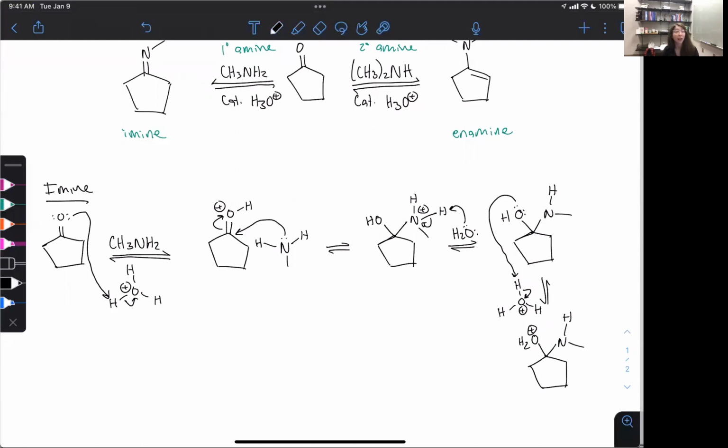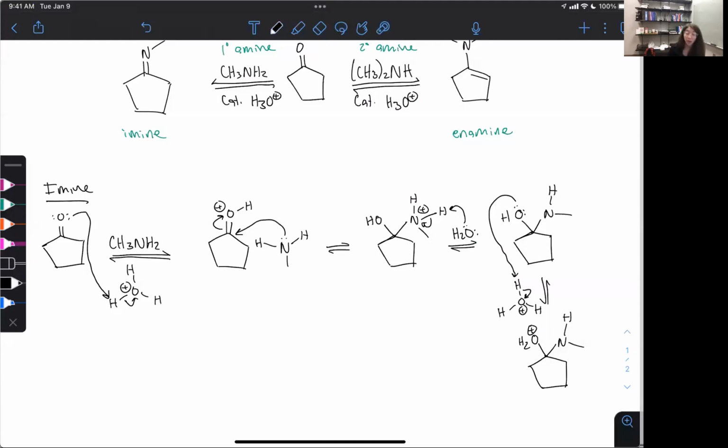Think about it like adding a Grignard to an ester, where you make an intermediate carbonyl along the way. The only difference is that since we're not in strongly basic conditions, like a Grignard or lithium aluminum hydride or organolithium, we're in acid, so we need to consider some proton transfer steps first to make sure we're not trying to kick off an OH minus into an acidic solution.